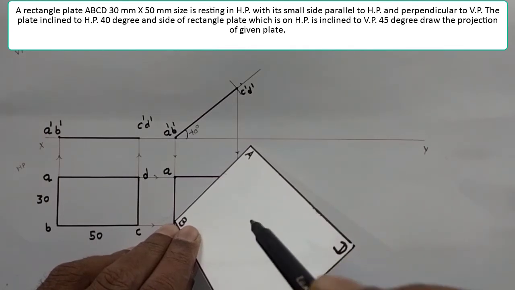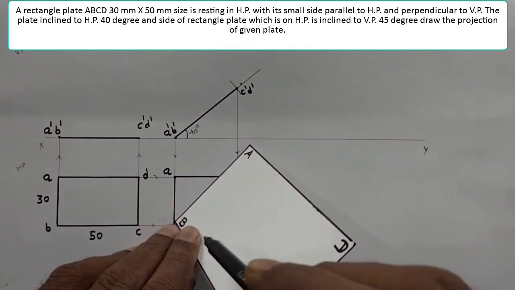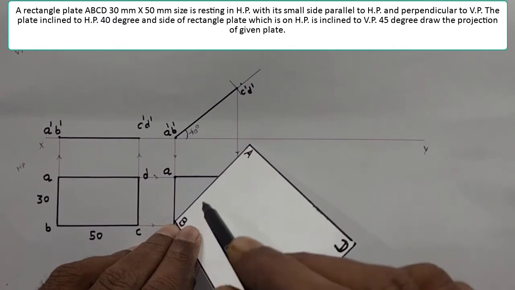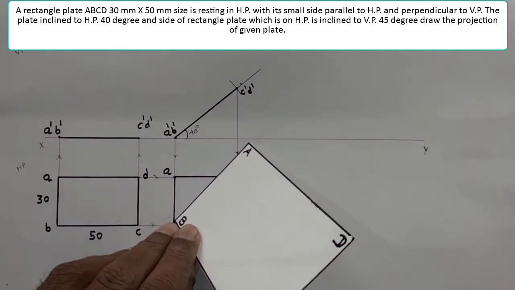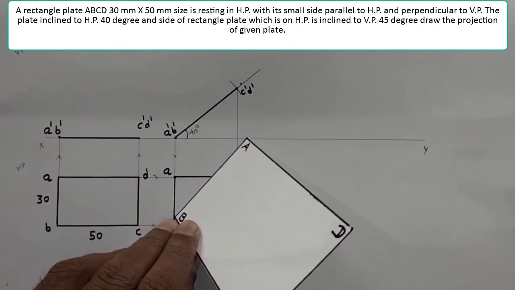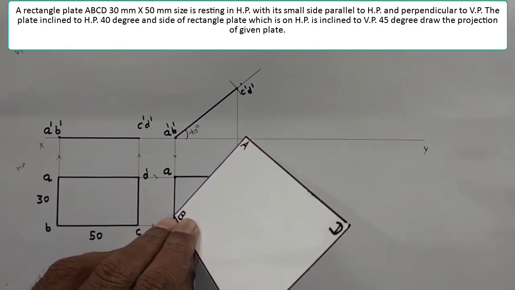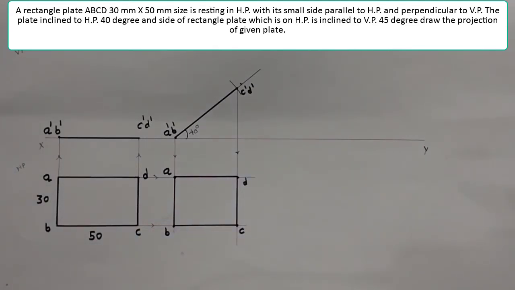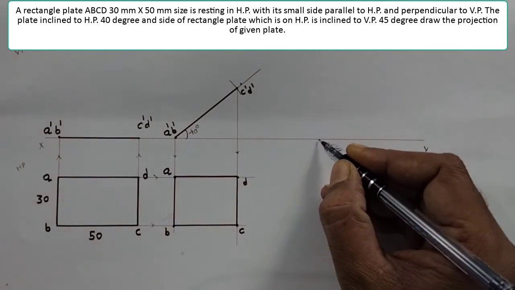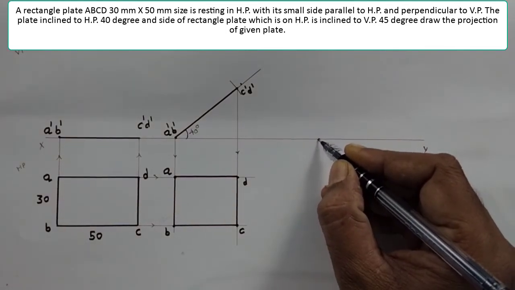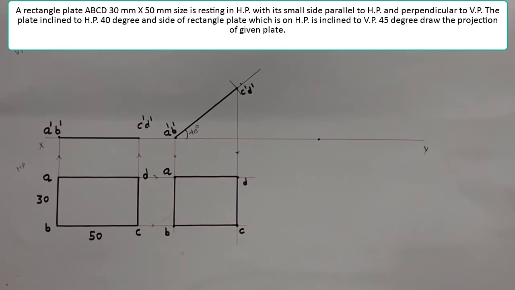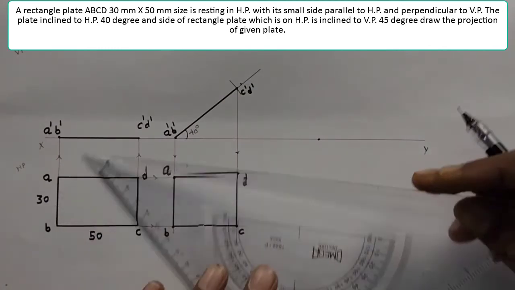When I see the object from the top view, we have the rectangular surface. When we observe the elevation, in elevation there is also the surface of the plate. So first you draw the 45 degree inclination line with the VP plane.